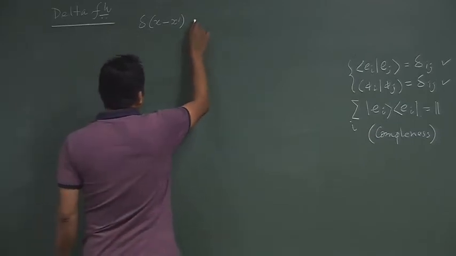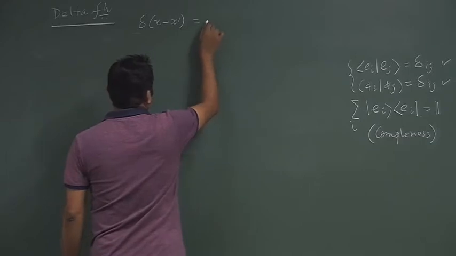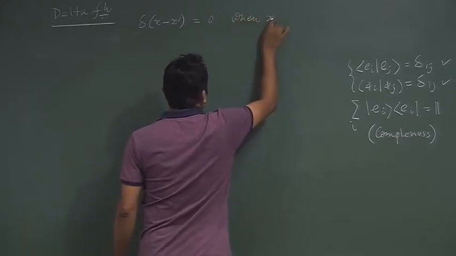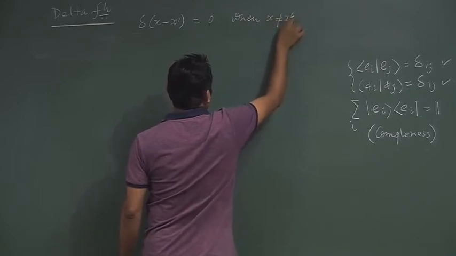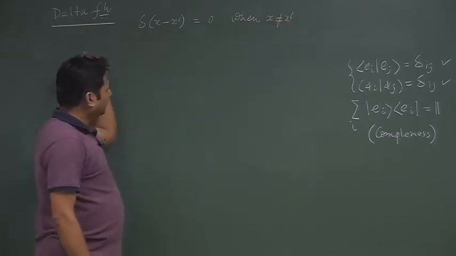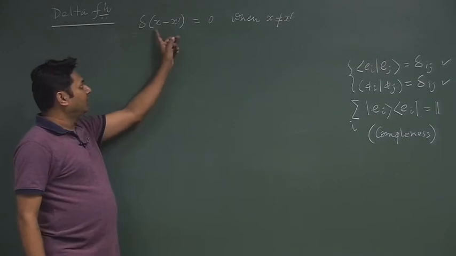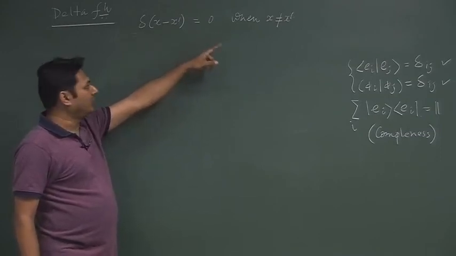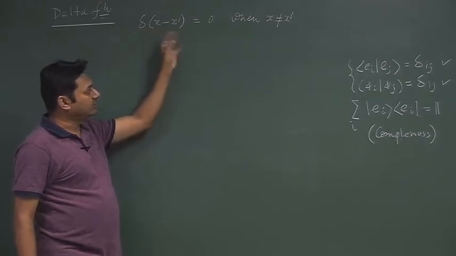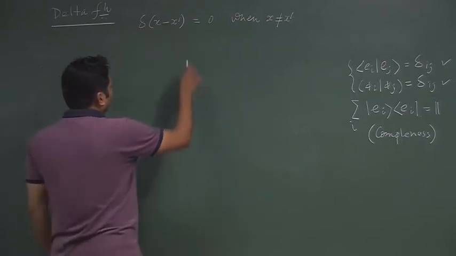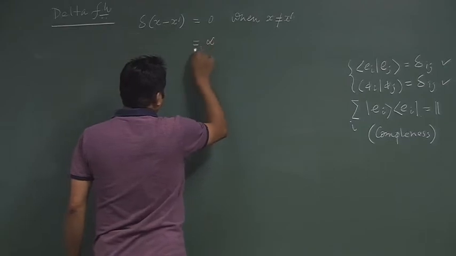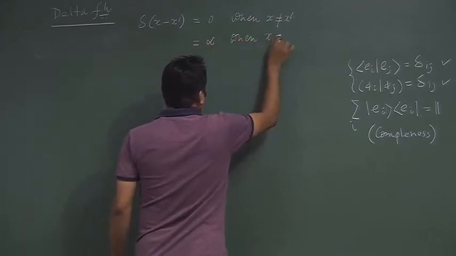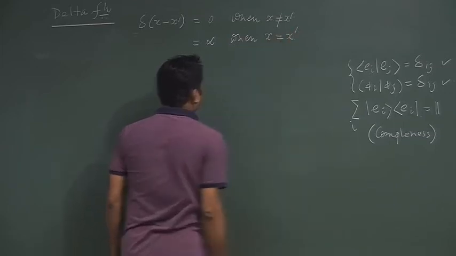The property is that this quantity is 0 when x is not equal to x prime. x is a varying parameter, it is sliding. All the values of x which are not equal to x prime give 0, and it tends to infinity when x is equal to x prime.